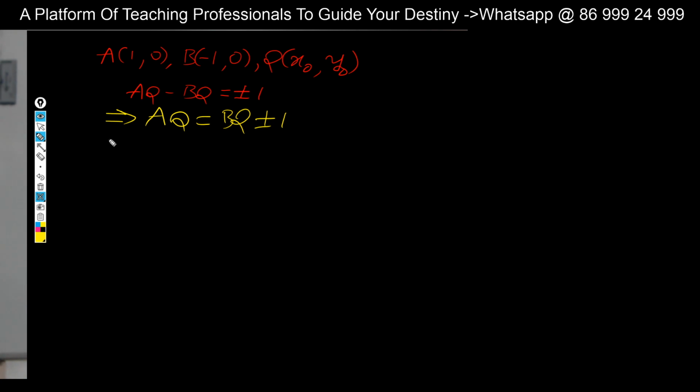Now I am squaring it because the distance formula consists of a square root. AQ square is equal to BQ square plus 1 plus or minus 2BQ.